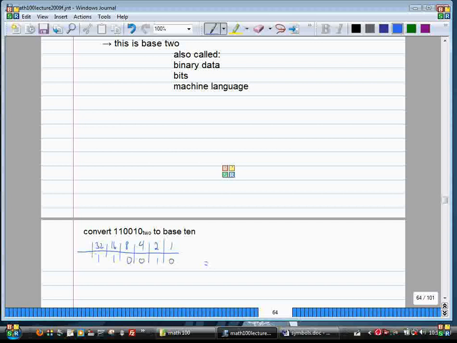Now base 2 is also easy because you don't really have to multiply 1 by 32, but I think we know ahead of time what the answer is going to be. So this is just 32 plus 16 plus 2. So this is the number 50. So that's how a computer writes the number 50.